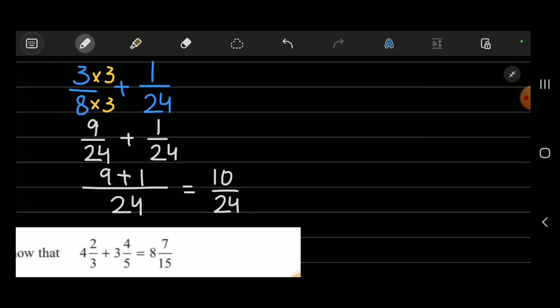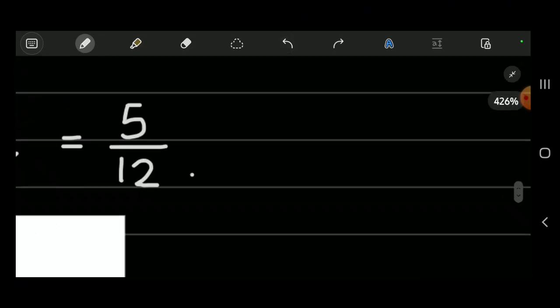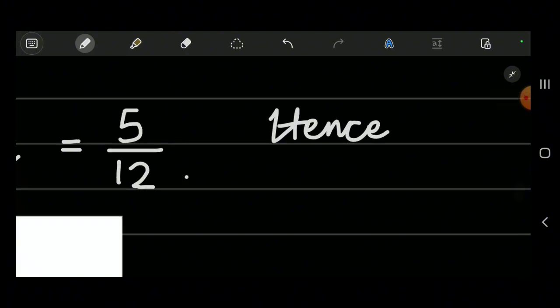Now they have a common factor, they both are even numbers, so we can simplify them to 5 over 12. So 5 over 12 is your answer, as it is proved. Hence proved.